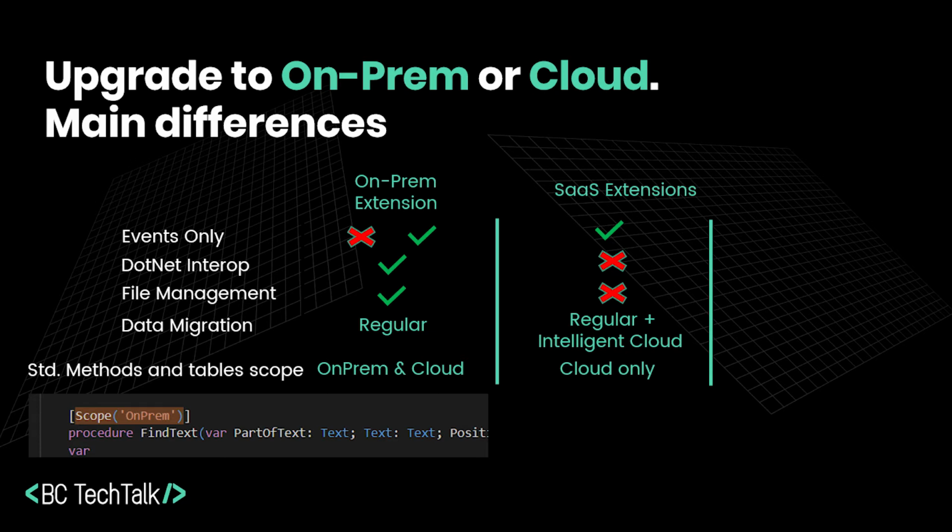If you're upgrading to the on-prem extension, you're still able to go the old regular way and modify the standard code. So if you decide that you want to save some budget and you want to have the solution working on the target BC version, but you don't care about future upgrades, or you're happy to do the future upgrades in a regular way when you are merging the changes, then you can go without events and modify the base app.